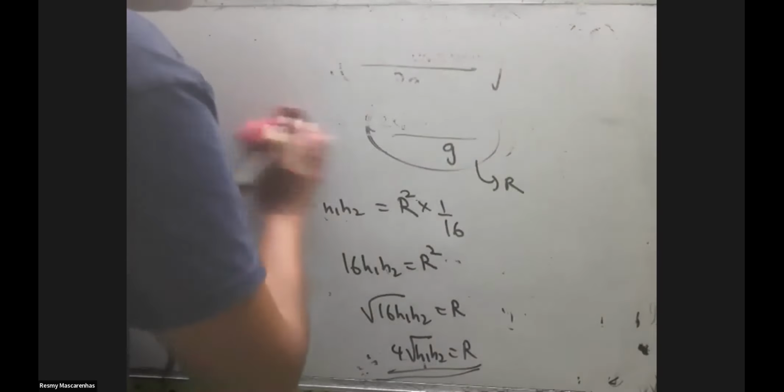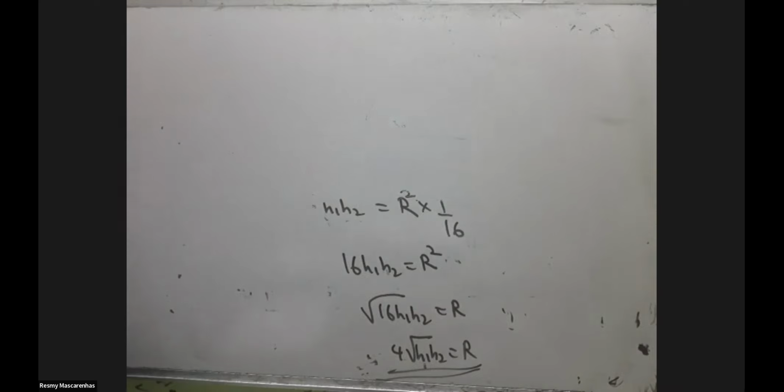Question number 14. Two objects are thrown up at angles 45 degrees and 60 degrees respectively.